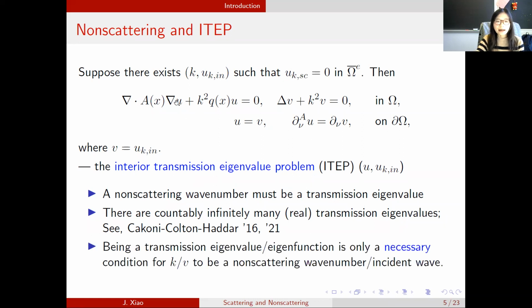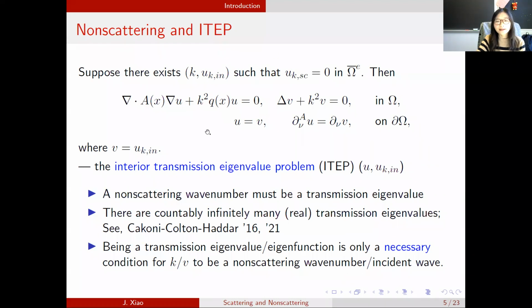Being a transmission eigenvalue is just the necessary condition, as we showed, for k to be a non-scattering wave number. Suppose k squared is a transmission eigenvalue.